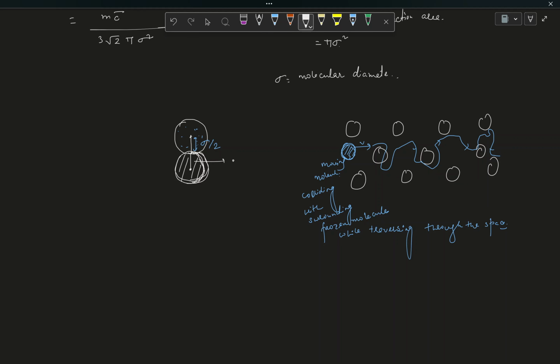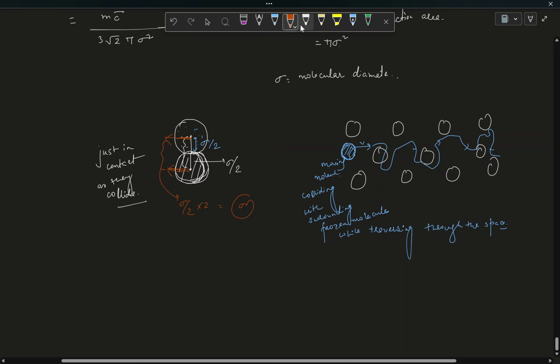Similarly, the lower one also has a radius of sigma by 2, just in contact as they collide. The simplest possibility is that the two molecules come just in contact and touch like this, so they are basically colliding. So what is their center to center distance in this case? This is one center and this is another center, and this center to center distance is simply sigma by 2 into 2, that is sigma.